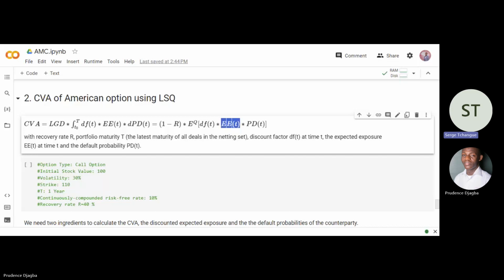EE_0 is usually the same thing as the price, the PV. If you're looking at the price of something, that would be EE_0. So there you need the price at all t.